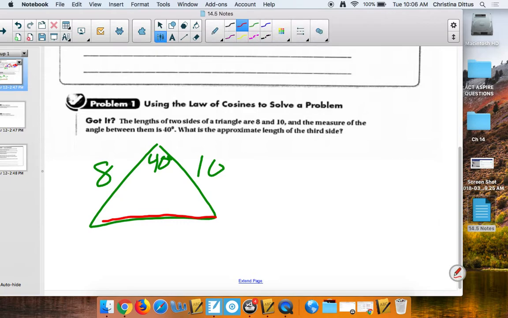Okay, so the side that I'm looking for, let's just call it a squared. Could call it x squared. Doesn't really matter. The first part of our formula says take your sides squared and added, kind of like the Pythagorean theorem. So I'm going to take my side 8 squared, add my side 10 squared. That's part 1 of our formula.